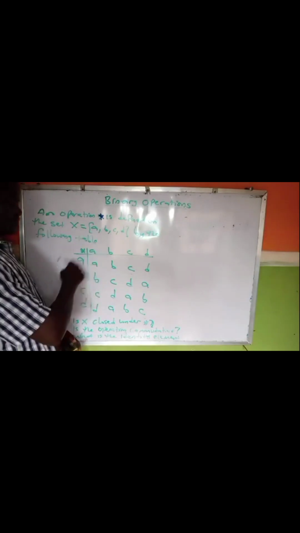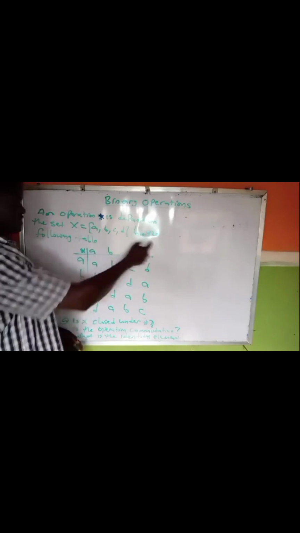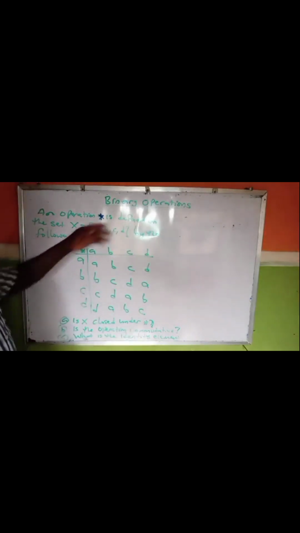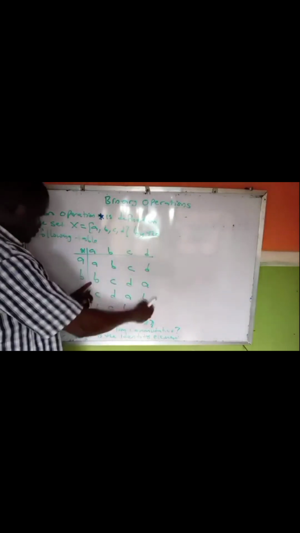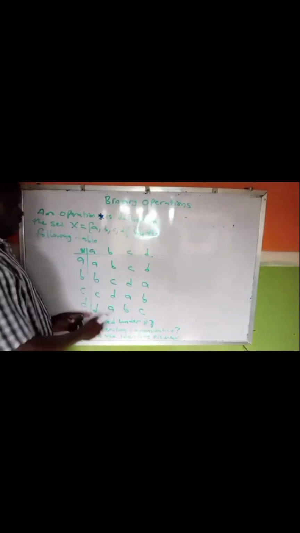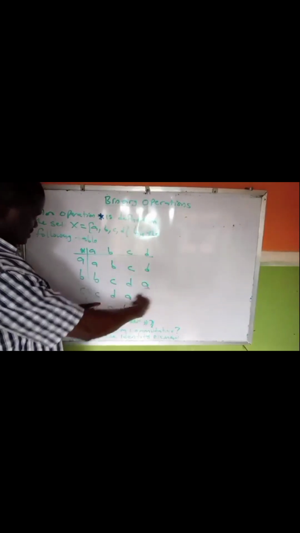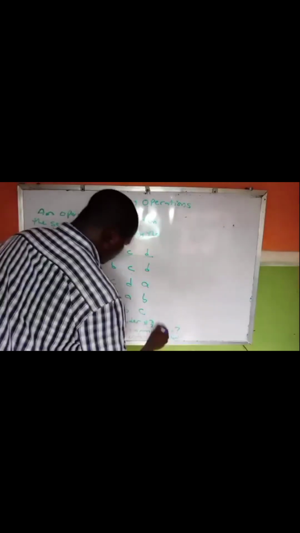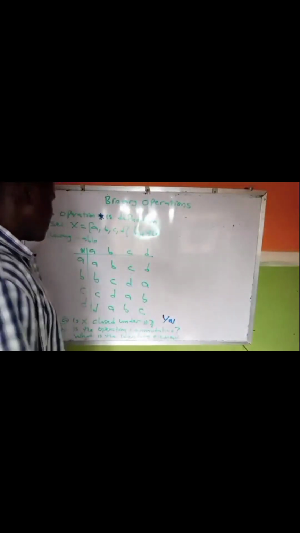So this multiplied by this, or this plus this, gives you A. This multiplied by this gives you D. This multiplied by this gives you D. This multiplied by this gives you this. If it is addition, that's how it's going to give you. So anyhow they define it, but these are the results. These are the elements you are given, so this is the result you get. In this result, is all this result present here? You can see A is present, B is present, C is present, D is present. The same thing here, the same thing here. So your answer is going to be yes. You are asked whether the operation is closed or not, so your answer is going to be yes.